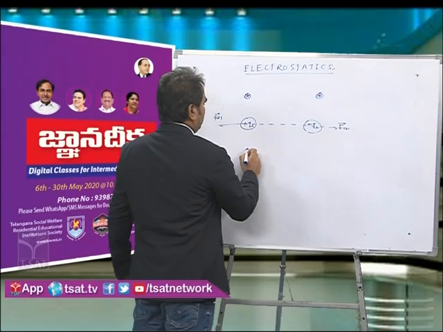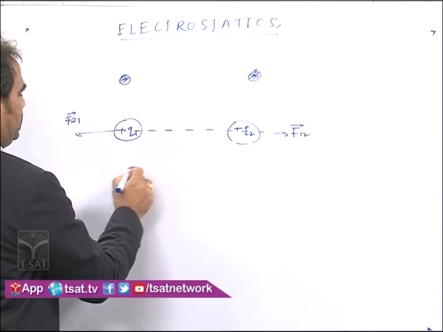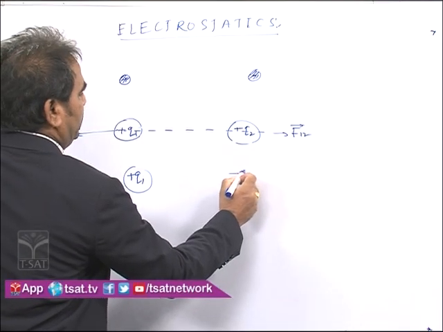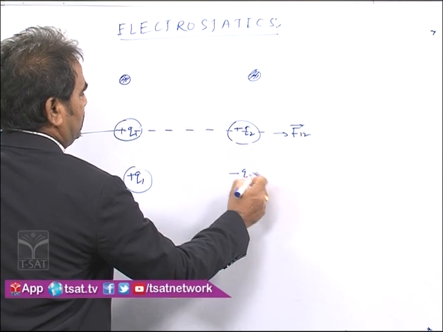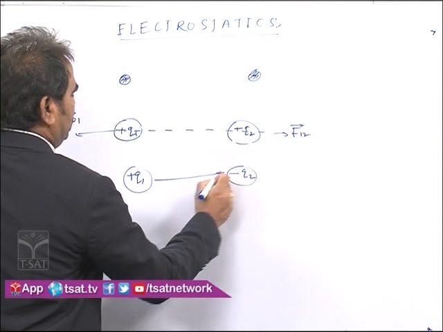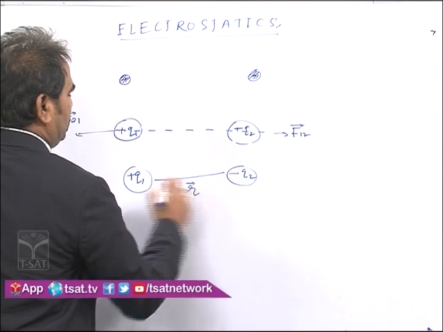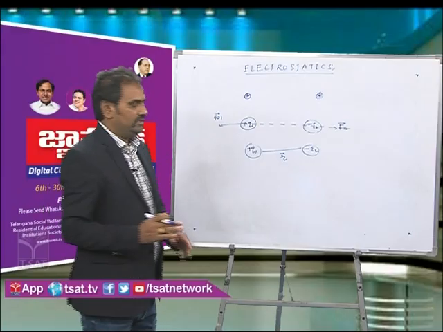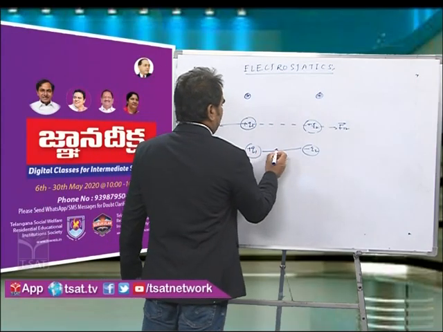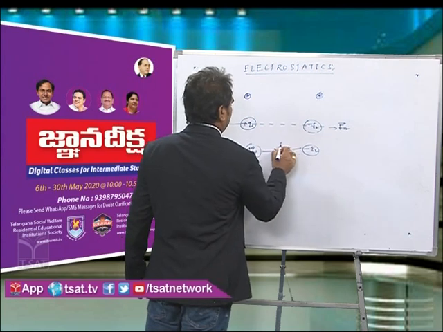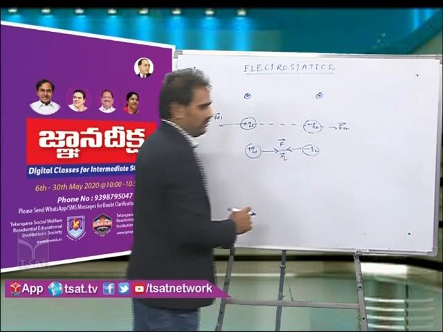In the case of unlike charges, let one be a positive charge and the other a negative charge. These two charges are separated by a certain distance, and then these two charges will attract each other with a certain amount of force.